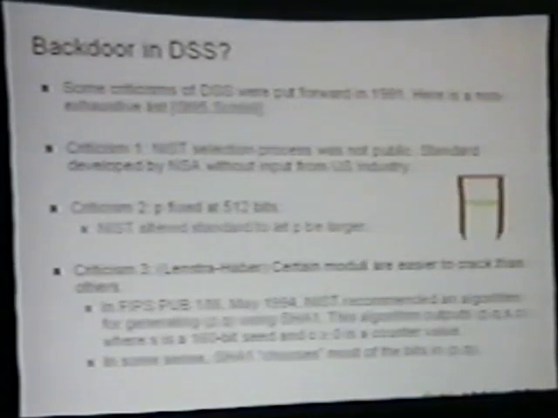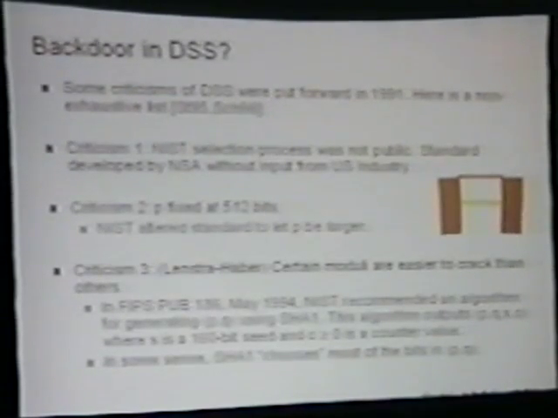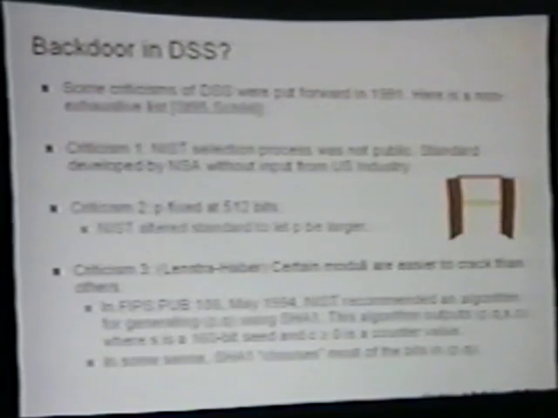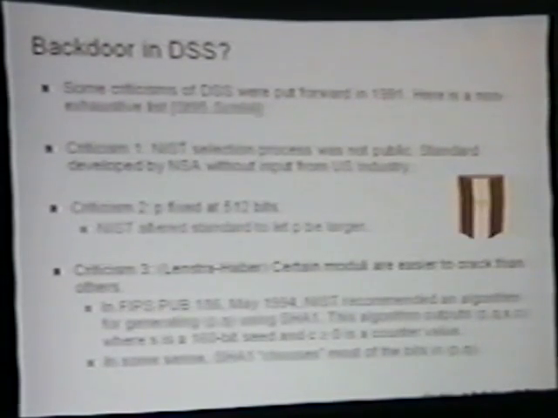One of the big criticisms was that originally P was fixed at being 512 bits long, and people stated this is too small. So NIST responded by letting P be larger, anywhere between 512 and 1024 bits at 64-bit increments.